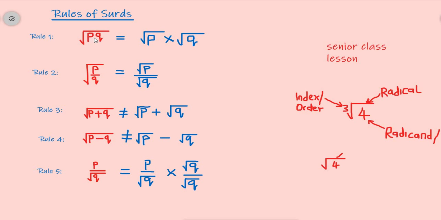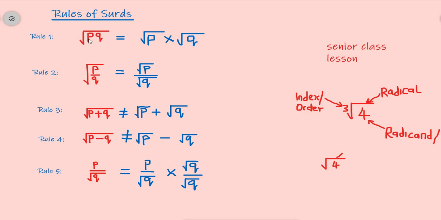Now we have the roots. We have square root. You know this is the square root of P and Q inside the same root. P and Q, these are different letters. So how can we solve this? There's a way of breaking it down to help in solving.